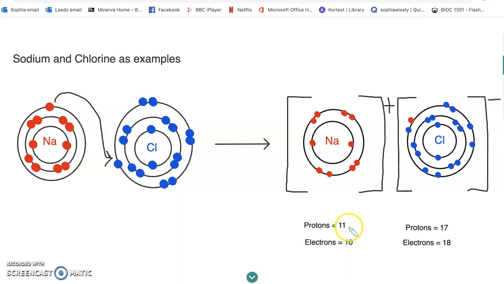So here, protons 11, electrons 10, so that must be positive. And here, protons 17 and electrons 18, so it must be negative. And this is denoted by Na+ and Cl-. Sodium chloride compound.